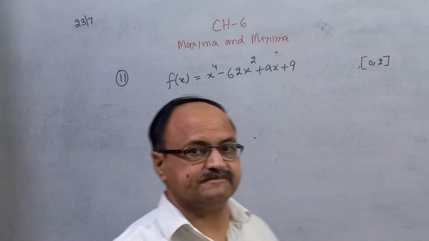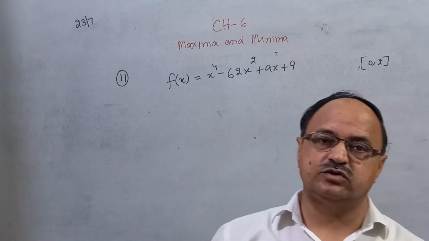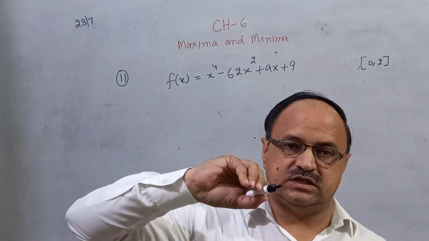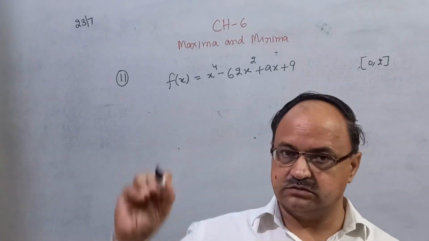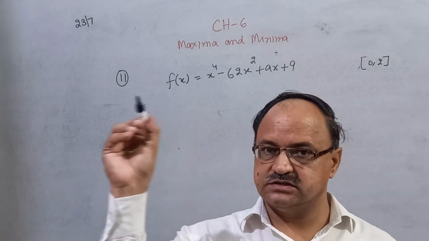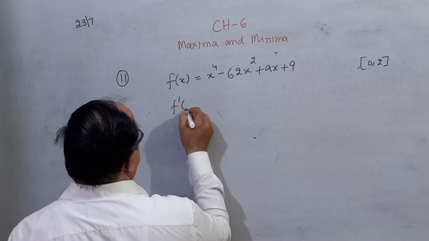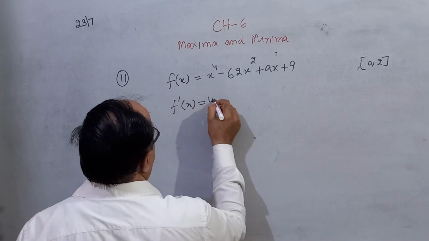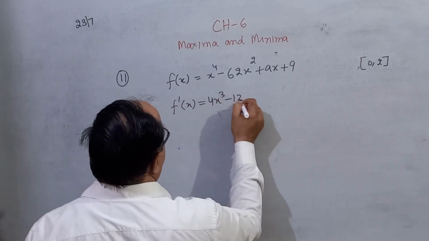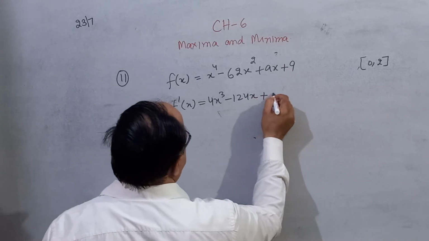Find the value of a. You know that at the maximum value of the curve, at that point the slope is 0. Find its derivative. First, 4x cube minus 124x plus a.